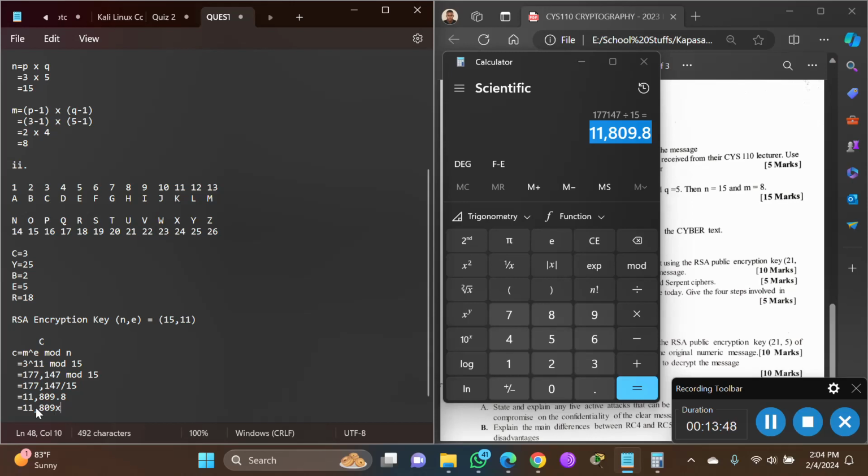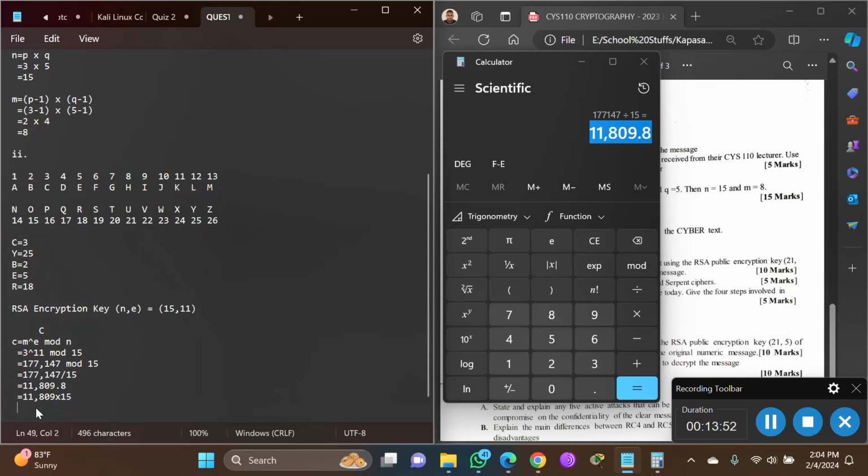Then you multiply it by the denominator, which is 15. So let's do that. So we have 11,809, then times 15, like that. So now we come to this number, so we copy, then we paste.